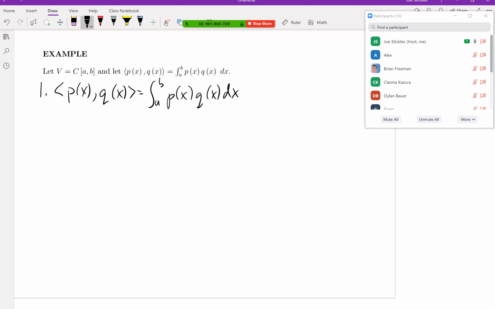They have a domain from A to B, but the answers that come out are just real numbers. So these are just real number outputs in our integrand. So I have no problem flipping them around. And then notice that when they're flipped around, that's exactly how the inner product is defined.